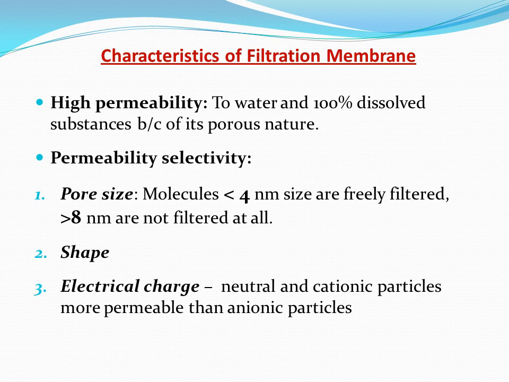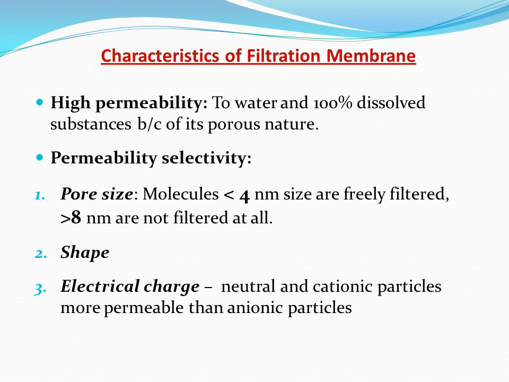So the neutral and the cationic particles are more permeable than the anionic particles, because the anionic particles are negatively charged, and as we have discussed, the membrane, especially the endothelial cell layer and the basement membrane, is negatively charged.